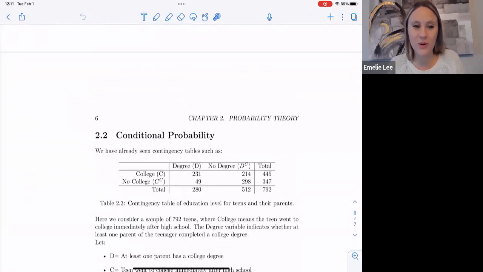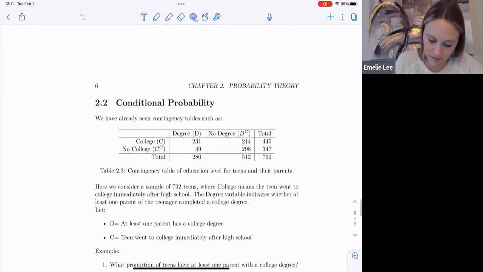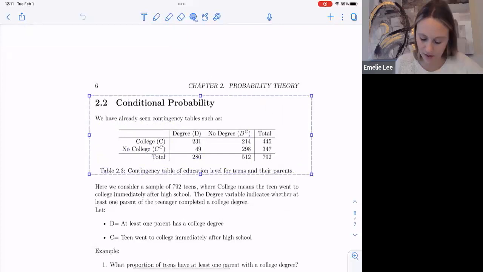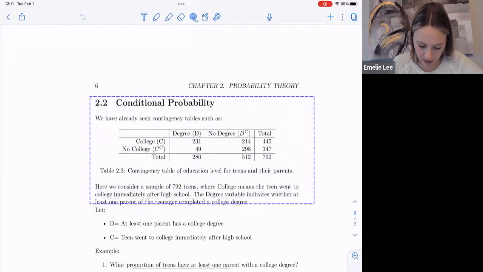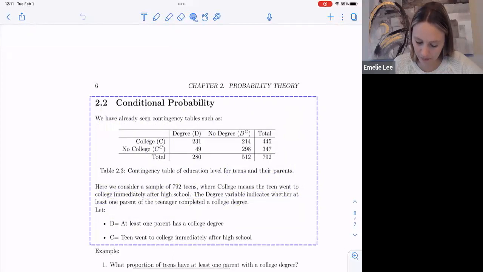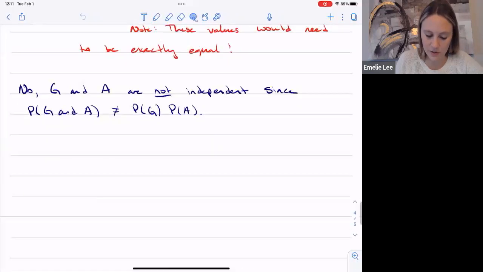We'll keep going through conditional probability next day, but I'll start it now. I meant to have all of chapter 3, but that's okay. It's the meat and potatoes.